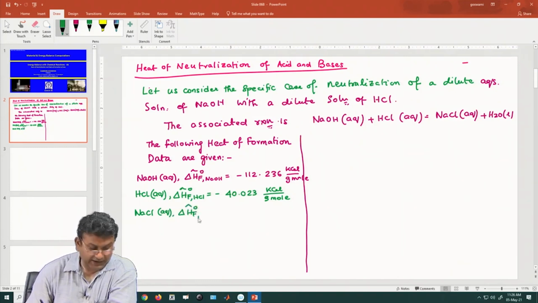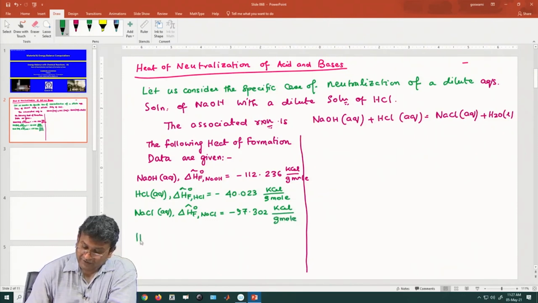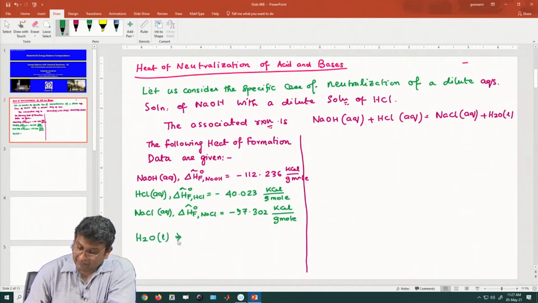you do not have to remember anything for your examination, all this data will be provided. It is not for you to remember. Kilocalorie per gram mole. I am just showing it because it is a little boring when I am writing this data, I am just copying it from my own notes because I also do not remember.